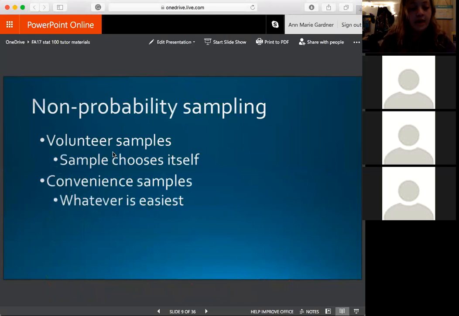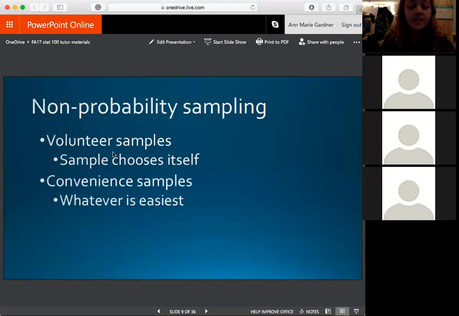So let's talk about non-probability sampling. This means that basically there's not a probability for each sample that we take out, because we just take them based upon what we have, or who responds back. For volunteer samples, we say the sample chooses itself, because it's whoever decides to involve themselves in the sample.